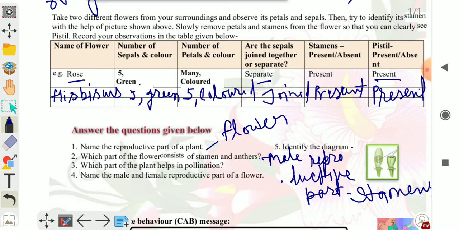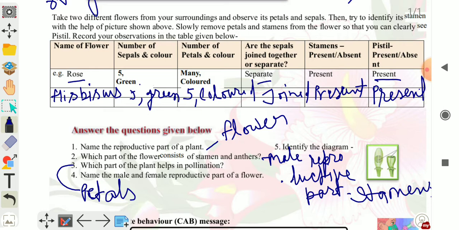Third question, which part of the plant helps in pollination? So answer of 3 is petals. Petals help in pollination.